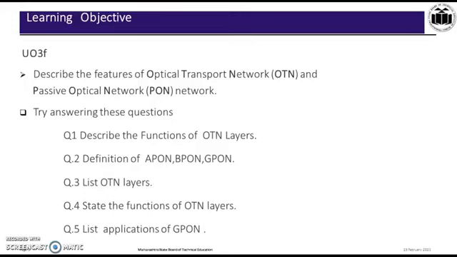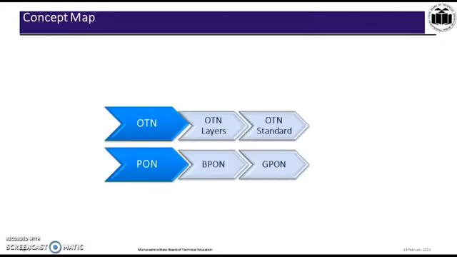After the completion of this presentation, the learners would be able to understand the functions of OTN layers, the definition of A-PON, B-PON, G-PON, the list of different OTN layers, the functions of various OTN layers, and the applications of G-PON. The concept map: under OTN, we are going to discuss the various OTN layers and its functions and the OTN standards, and under PON, the types of PON.